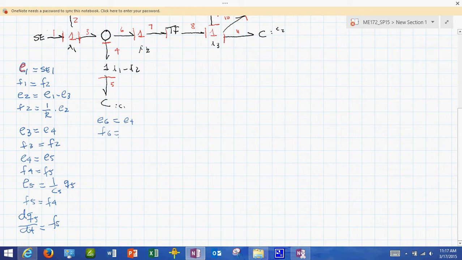F sub 6 is equal to F7. E sub 7 is equal to E sub 6. And F sub 7 is also equal to F sub 6. Yes or no? No, F7 is F8 times TF.